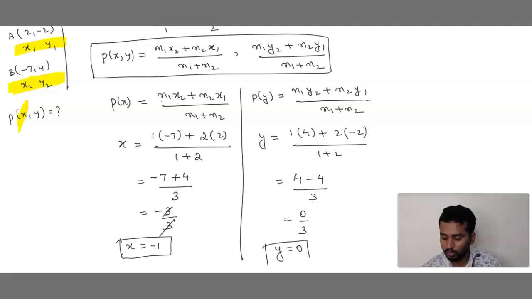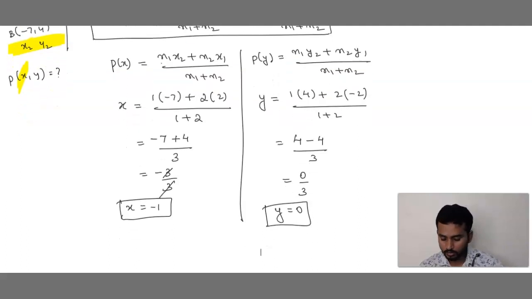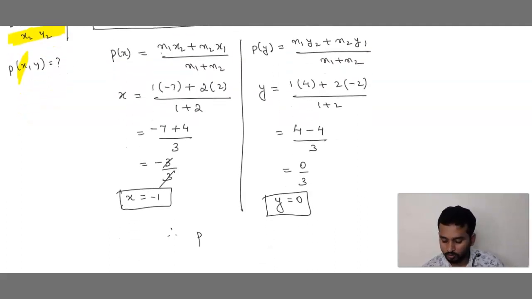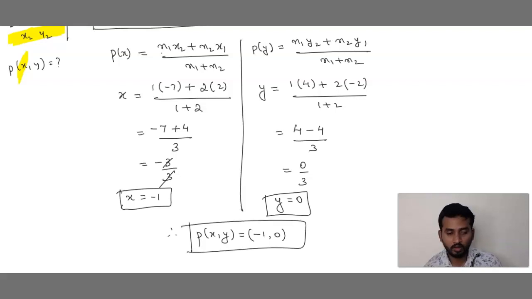So the value of y is 0. Now what is the coordinate of P? Therefore the coordinate of P, that is P of x comma y, is minus 1 comma 0.